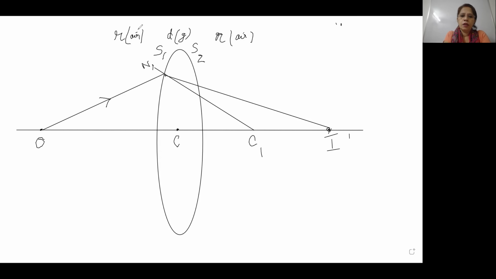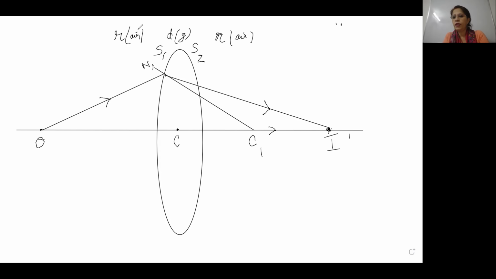Now, this is your refracted ray. Now what happens here? See, first refraction has already happened. See, first image is formed over here. Now how the image is formed? It is always formed when the two refracted rays meet. So one of the ray is this, which is going here, bending towards the normal. Other ray, it is simply passing through the optical center, this one. So two rays are meeting at I dash. So first image is formed here, I dash.